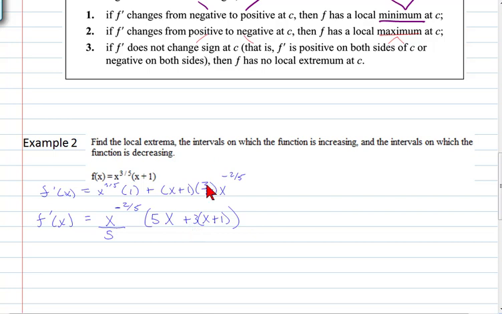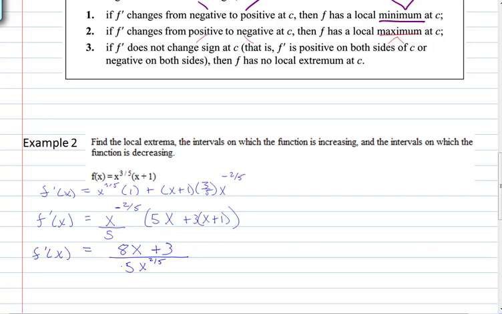And then there's our 3 divided by 5, x to the negative 2/5, x plus 1. So our derivative then is going to be equal to 5x plus 3x is 8x plus 3 over 5x to the 2/5.